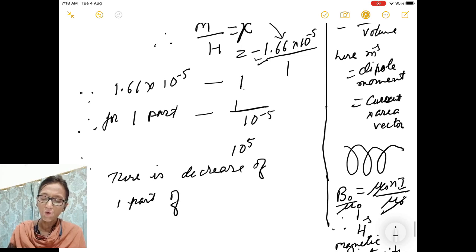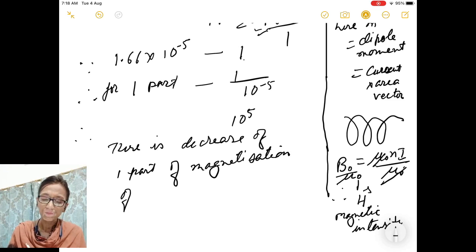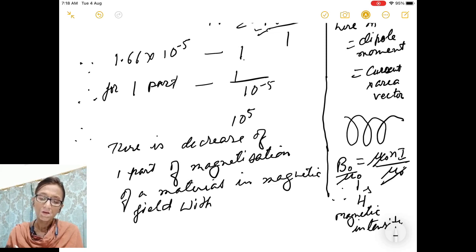So decrease of one part of magnetization of a material in a magnetic field with intensity H is equal to 10 to the power 5 parts.